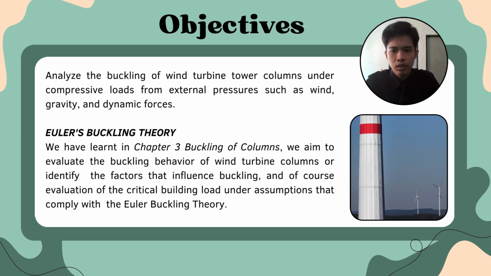By using Euler's buckling theory that we have learned in Solid Mechanics 2, Chapter 3, Buckling of a Column, we aim to evaluate the buckling behavior of wind turbine columns, identify the factors that influence buckling, and of course evaluate the buckling load under assumptions that comply with Euler's buckling theory.